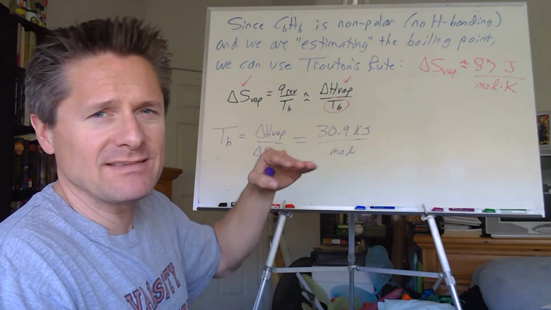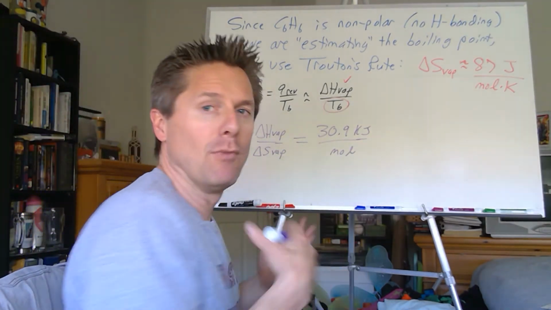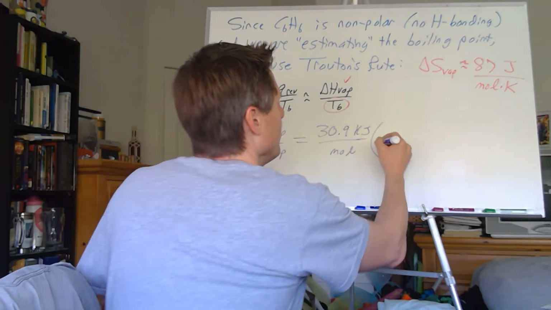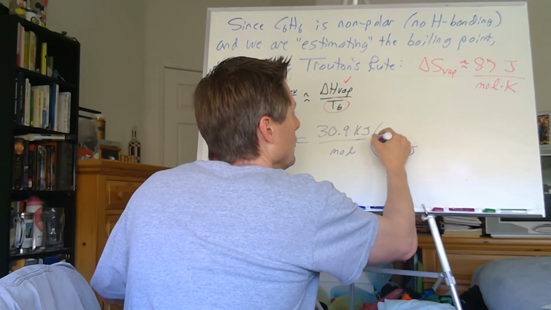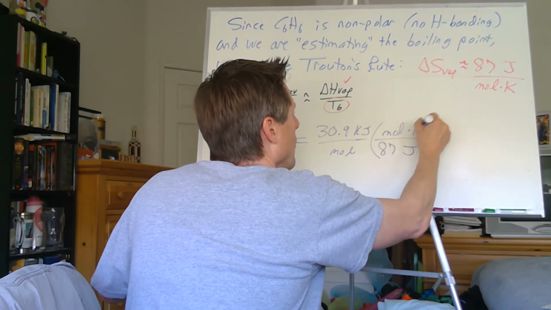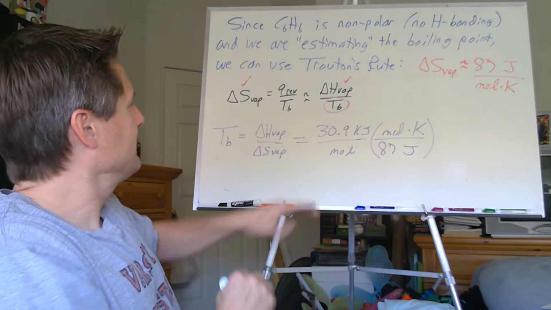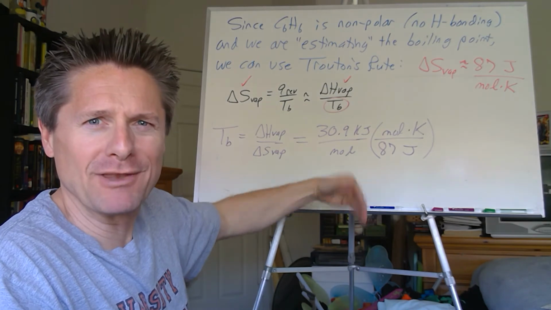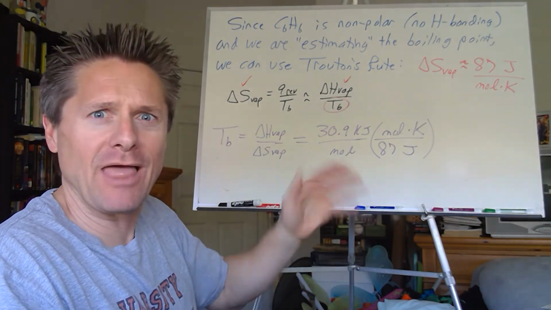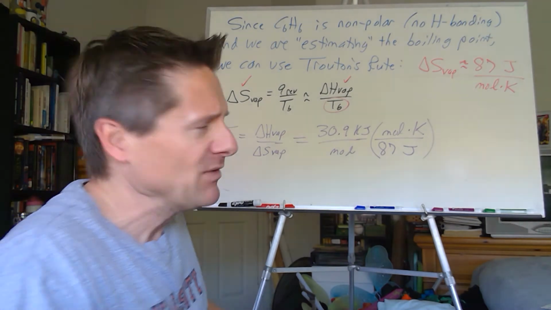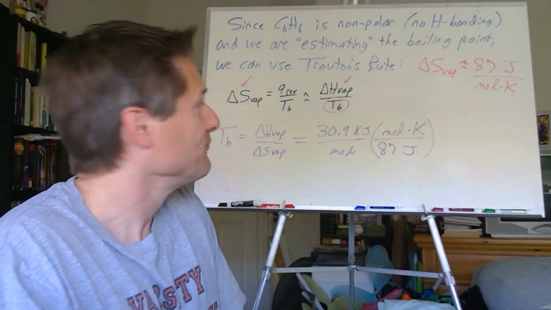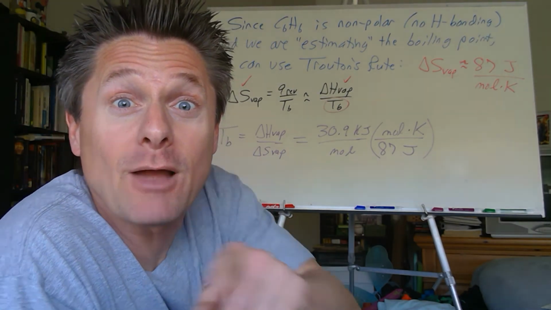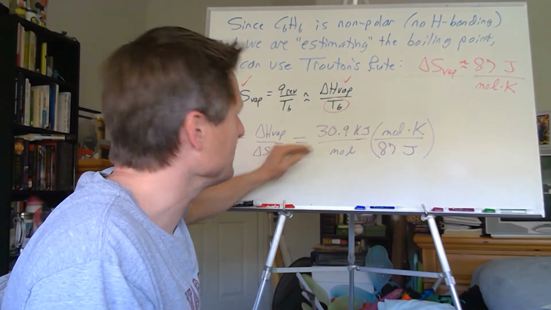Now, when you divide something using dimensional analysis, you just multiply by the inverse. So I'm going to take the 87 joules per mole Kelvin, and instead of dividing by it, I'm just multiplying by the inverse.